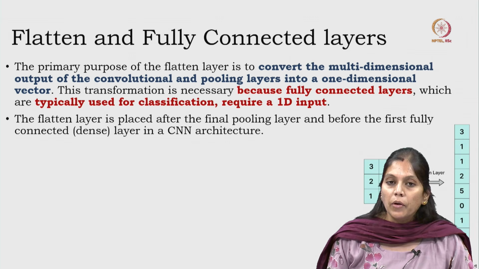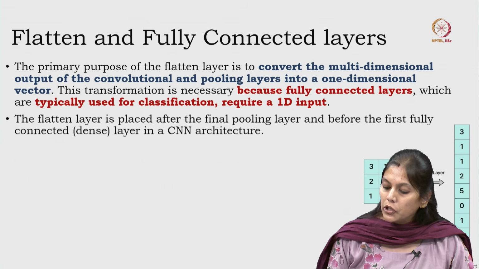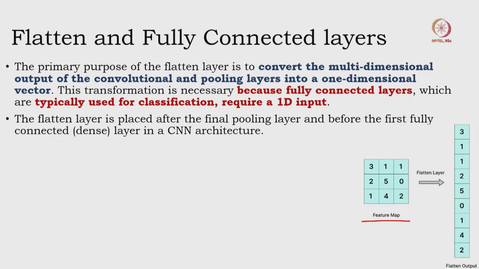Can you see this? We have a feature map. This feature map, which is in matrix form, is converted into a single vector. So it is 3 1 1, 2 5 0, then 1 4 2. So you are converting it into a flatten and then you can pass it.